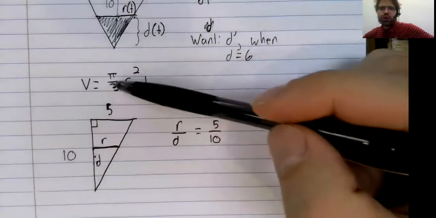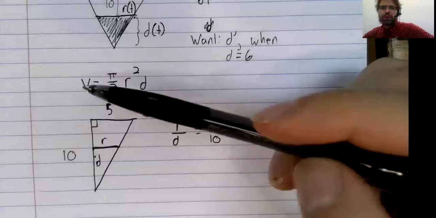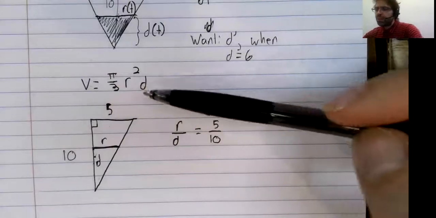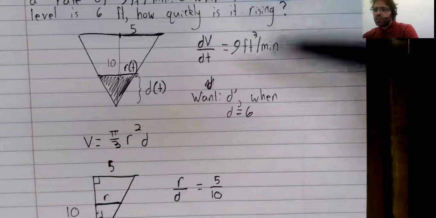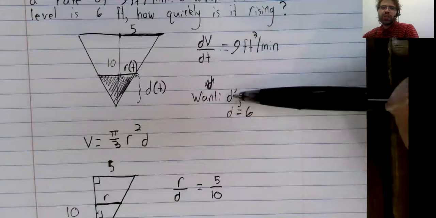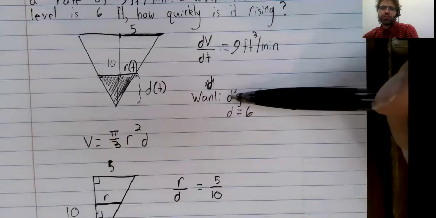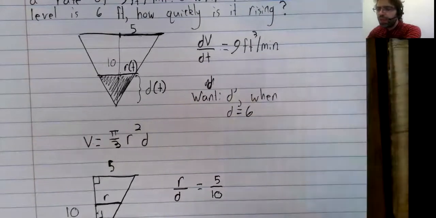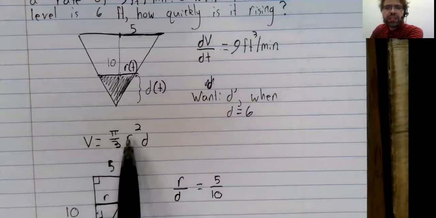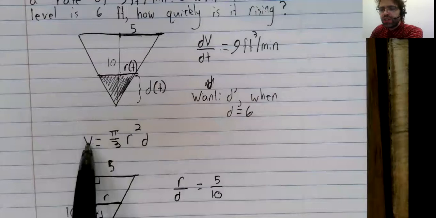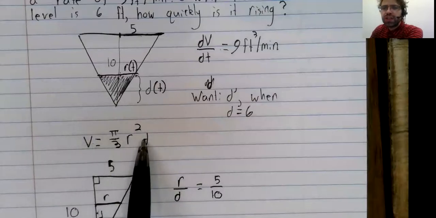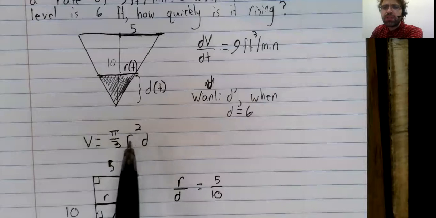What was the problem here? We've related the volume to the depth. We're given information about the derivative of the volume, and we want information about the derivative of the depth. Why didn't we just perform implicit differentiation here and get the derivative of the volume related to the derivative of the depth?